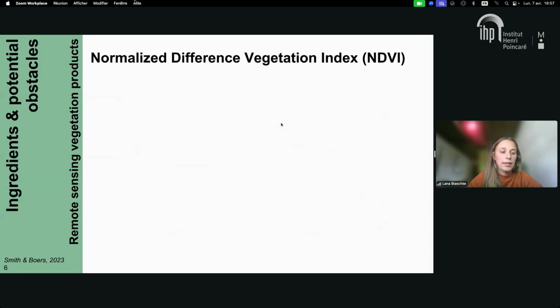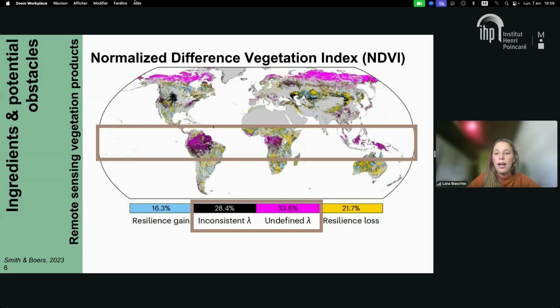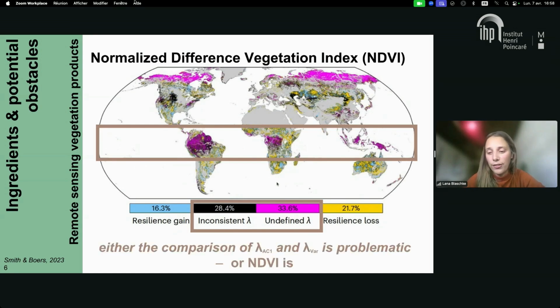And the study by Taylor and Nicholas, they actually looked at this NDVI, calculated trends of lambda from autocorrelation as well as from variance, and then looked if this is consistent. And now they found some very interesting thing, namely that basically all the tropical forests have either inconsistent or undefined lambdas. So we could conclude from that that either the comparison of those two is problematic, or that NDVI is actually problematic for tropical rainforests.